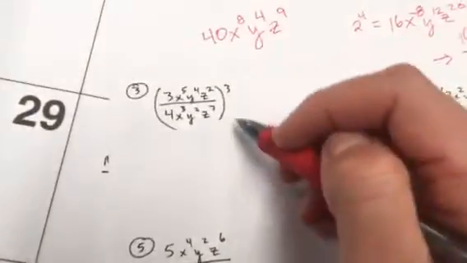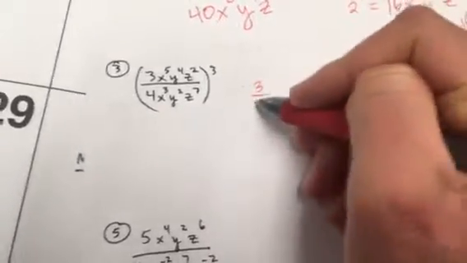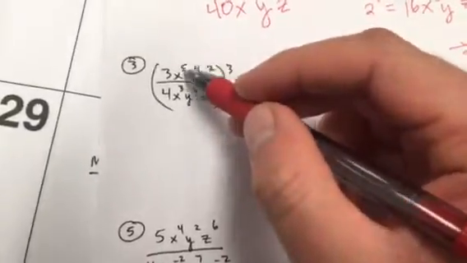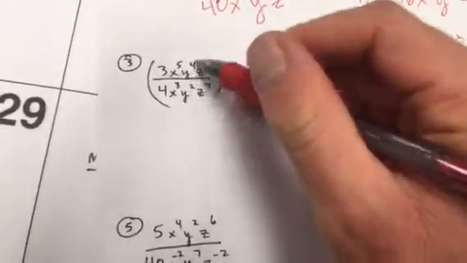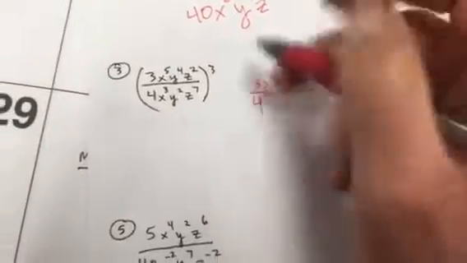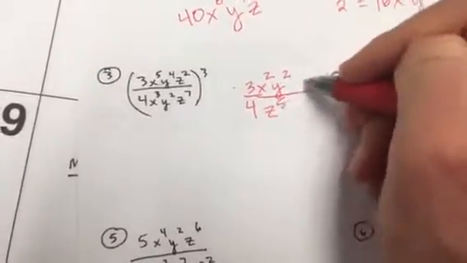All right. Guys, on 3, we should try to simplify first. So first off, 3/4 won't simplify. We're just going to leave it as such. The top has more x's, 5 minus 3. It has 2 more, so x squared up top. The top has more y's. 4 minus 2 is 2. It has 2 more y's. And the bottom has more z's. The bottom has 5 more z's.